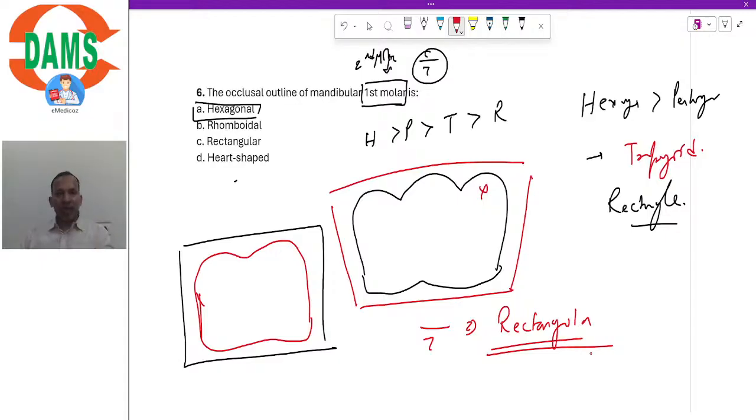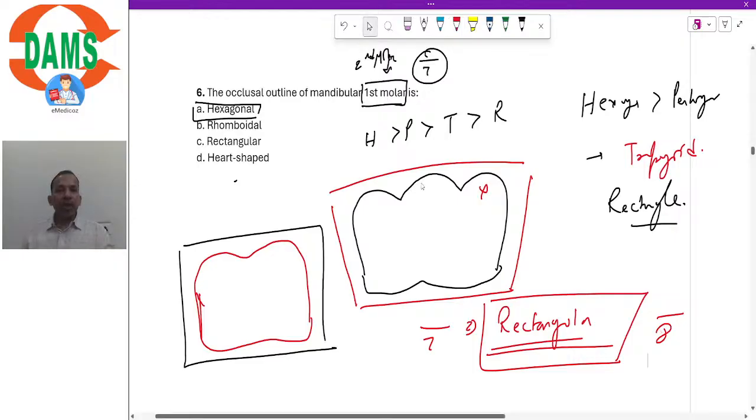If it has only 3 cusps, then it will appear heart shaped, right? So same is for this too. The first molar will appear hexagon, pentagon, trapezoid or rectangular, but the second molar will appear rectangular. The third molar resembles the second molar, so it will also appear rectangular, right?